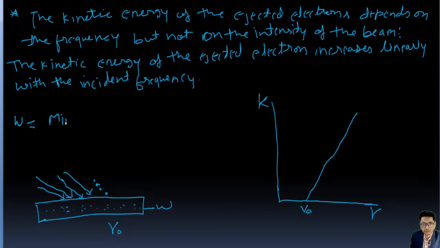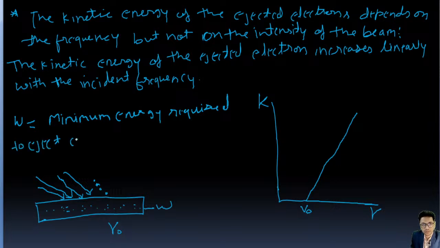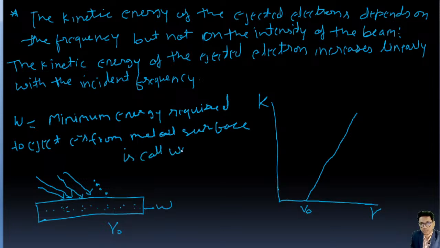It is called the work function of the metal. So the work function is the minimum energy required to eject an electron from the metal surface.